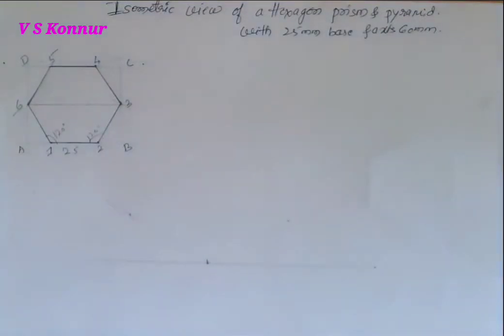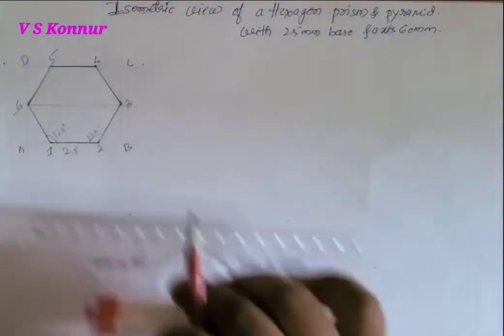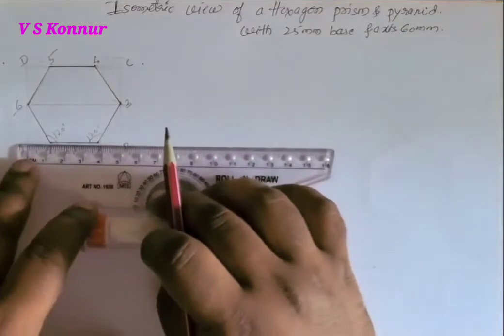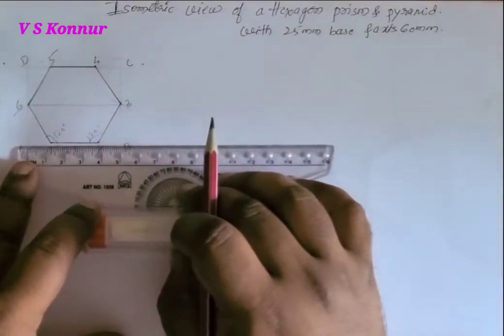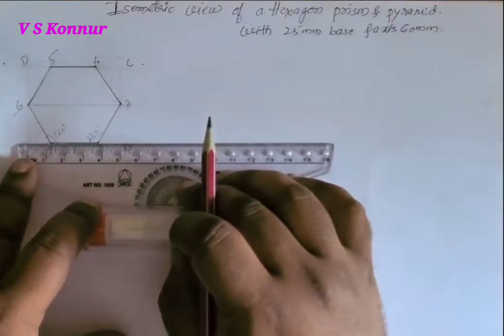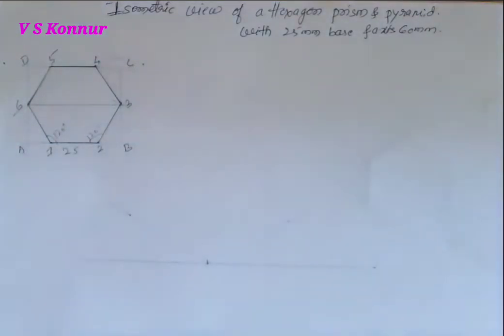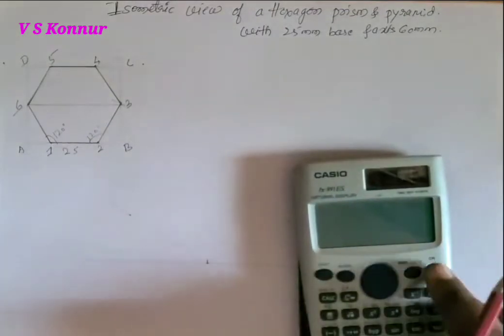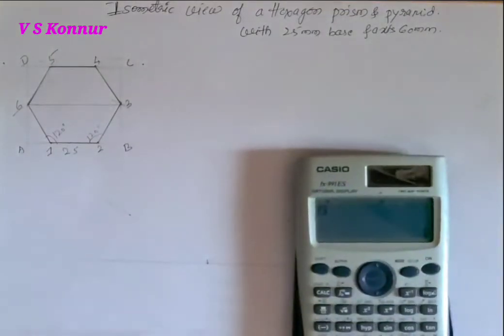Then measure the distance. This distance we have to measure from A to B. A to B you have to measure the distance. It is 50 mm, exactly 50 mm. So 50 mm is our total original length.